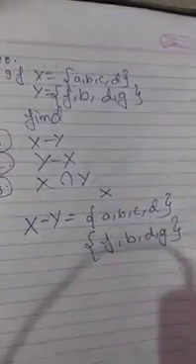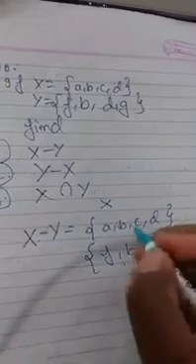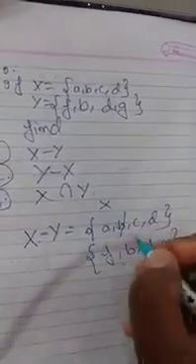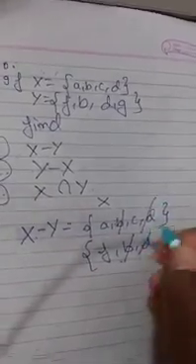So when we do X minus Y, first we cancel the similar terms. These b, b and d, d are the similar terms, so they will be cancelled out, and X minus Y holds the left elements of the set X. So what is left in X? a, c. So X minus Y is {a, c}.